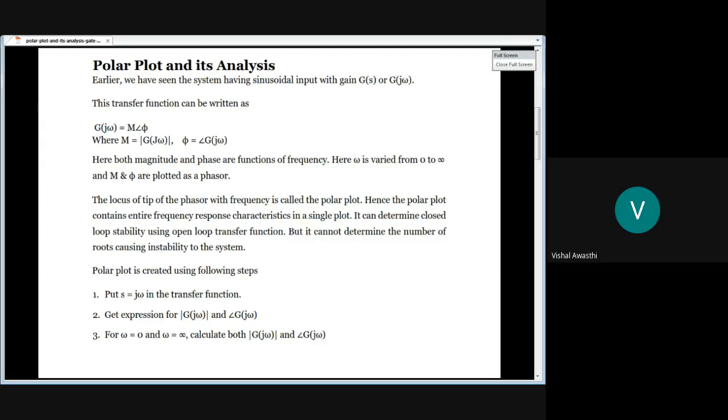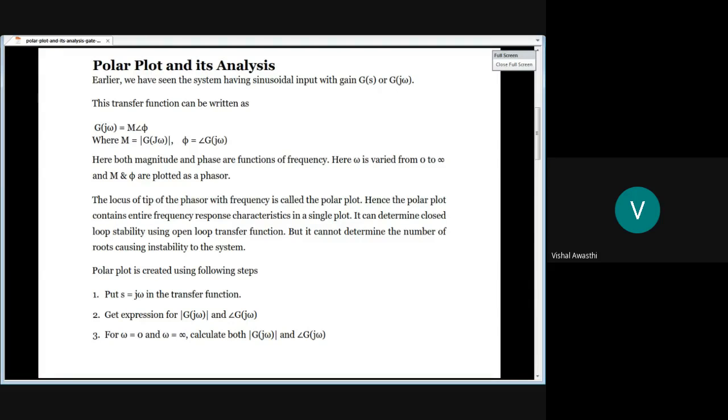The basic steps are the same as the Bode plot. When you have a transfer function, you replace s with j omega. So you will have G(j omega), and if it is unity feedback, H(s) is equal to 1.